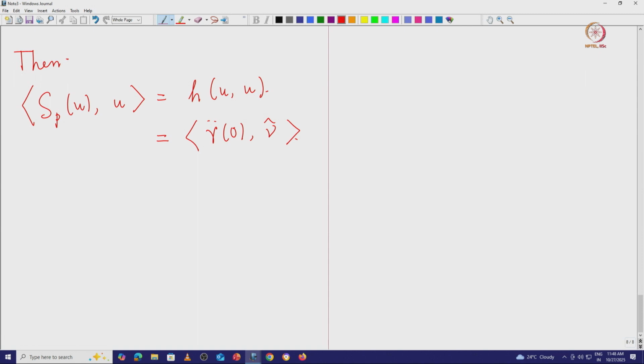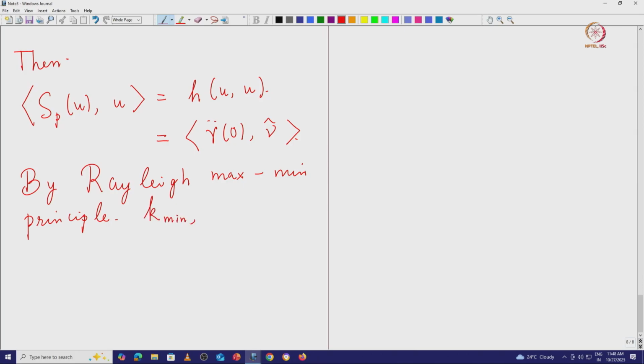So then by what is called the Rayleigh max min principle in linear algebra, if you look at the principal curvatures that I have defined, these are precisely the eigenvalues of the shape operator.